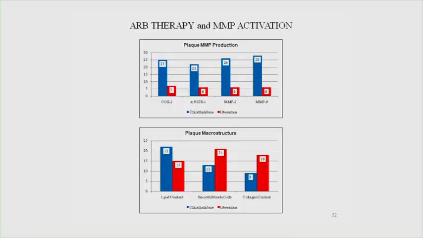So there's less plaque matrix metalloproteinase production. You will also see a general downregulation in Th1, Th17 immune function, lower levels of lipid in the plaque, more smooth muscle cells, more collagen. The plaque will be less vulnerable. The fibrous cap will be intact. The plaque will be more stable.